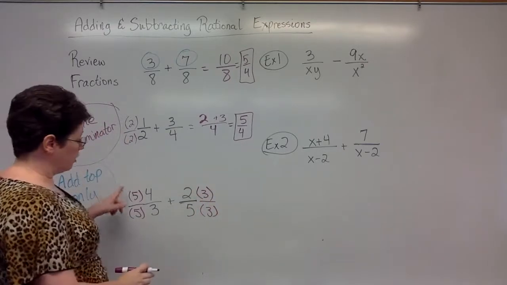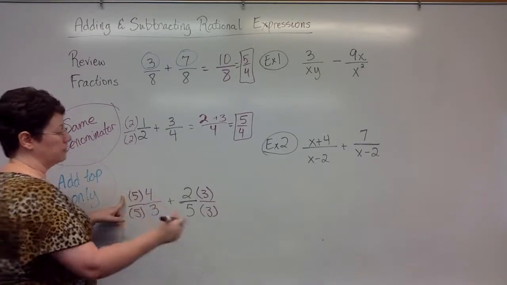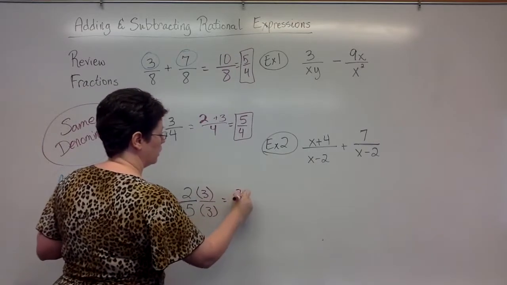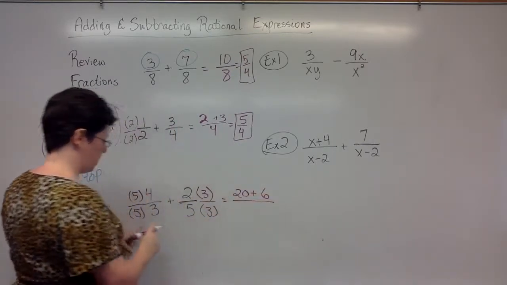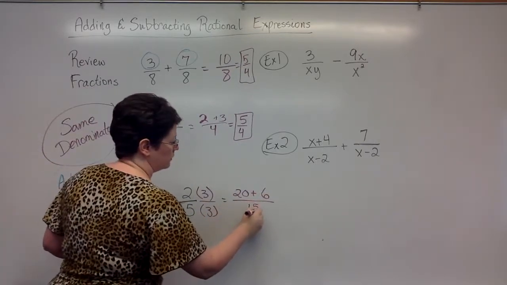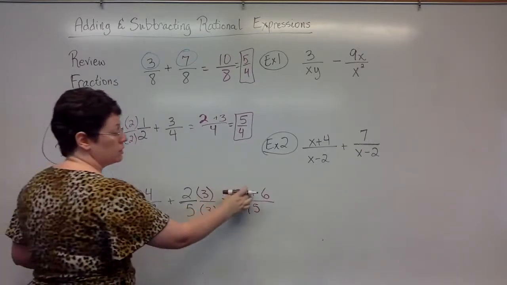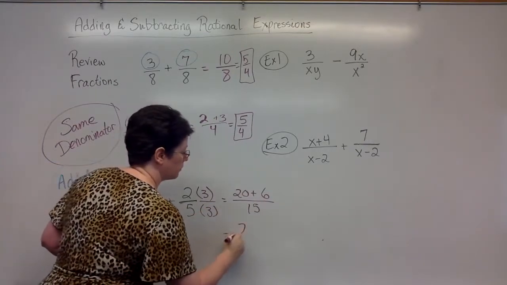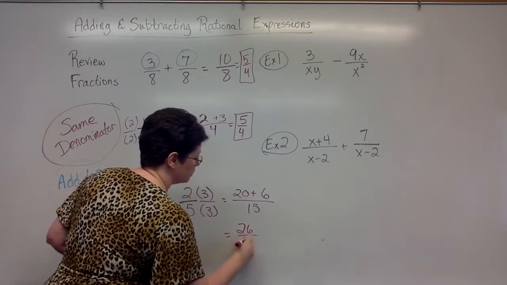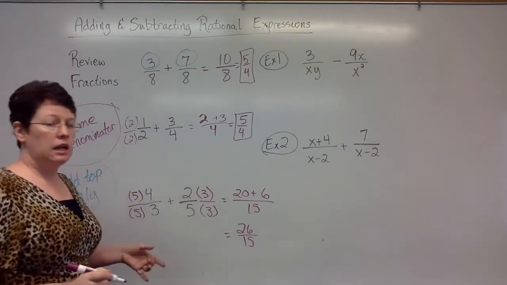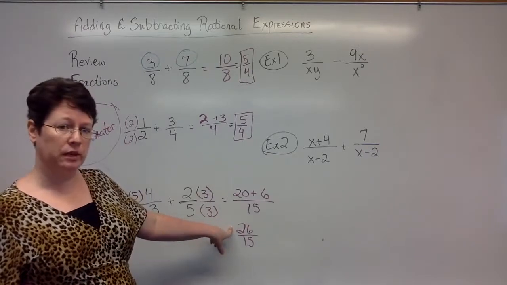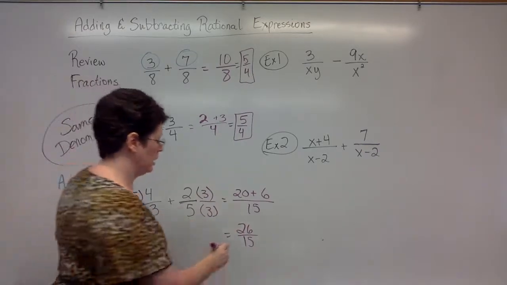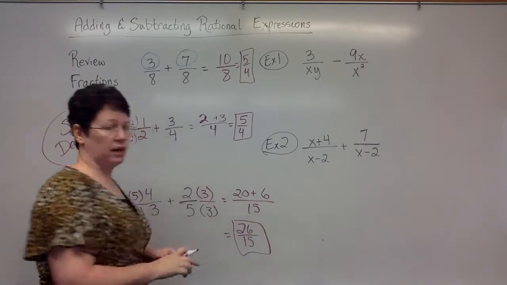So on top, 5 times 4, 20, plus 2 times 3, 6. On the bottom, 5 times 3, 15. What is 20 plus 6? Right, 26. So I have 26 over 15. Now, 26 is not divisible by 5, and not divisible by 3, not divisible by 15. So this is the simplified answer.